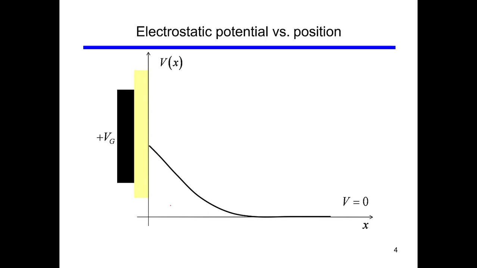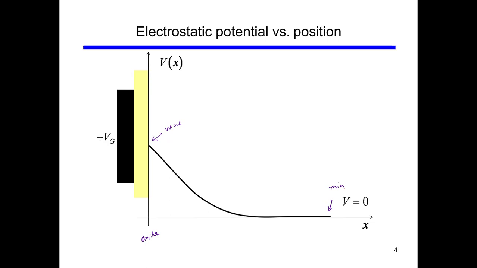Now here is the graph showing what happens with the potential as a function of the position along the x-axis. So near the oxide, the potential is maximum, and it goes down to its minimum value as you move along the semiconductor horizontally outward.